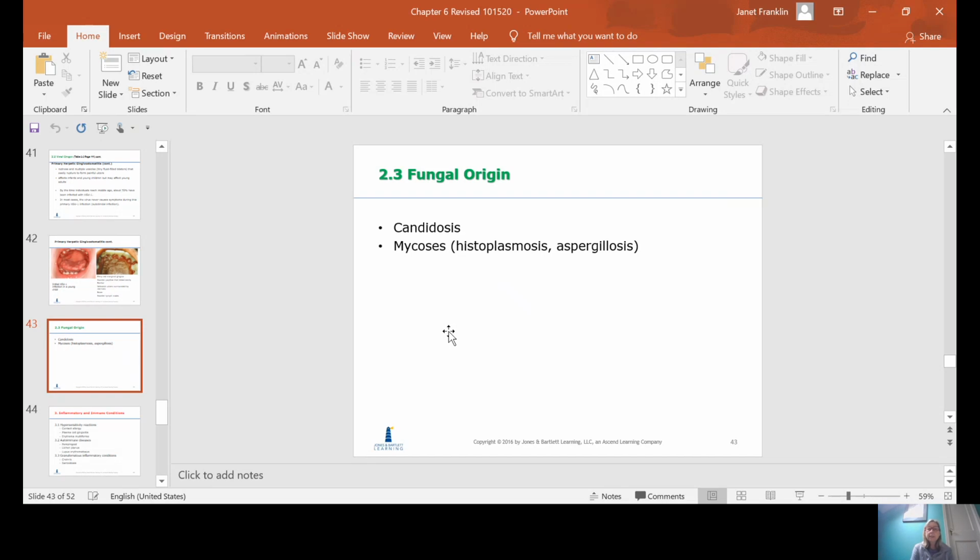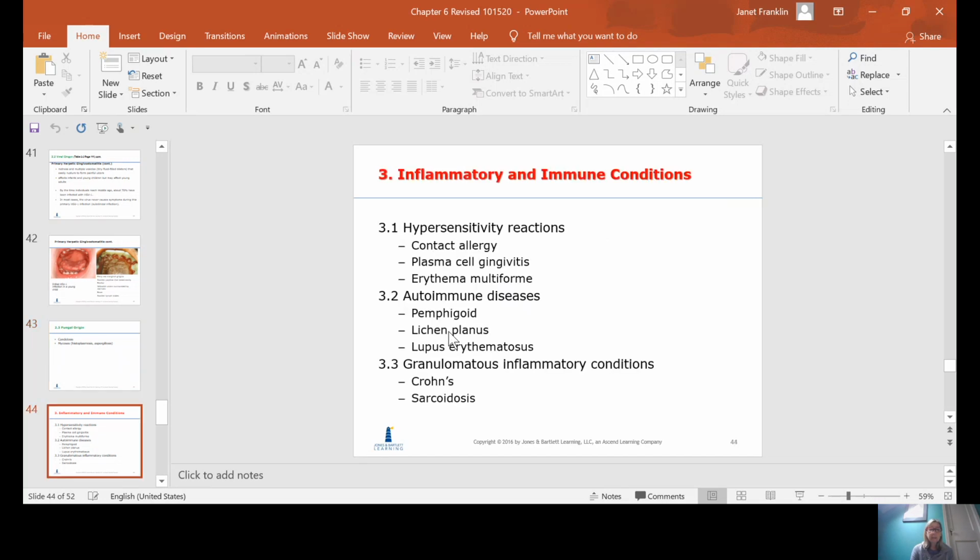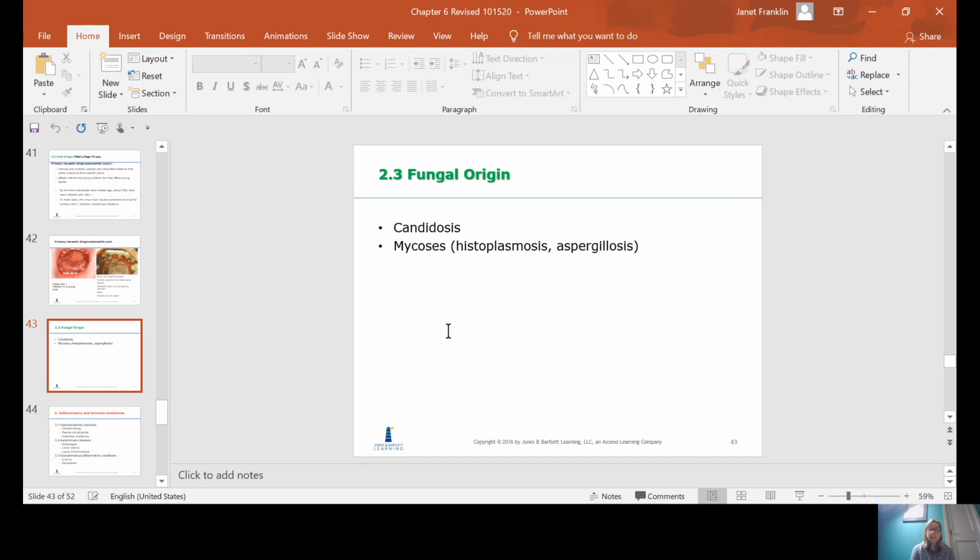Candidosis or mycosis are of fungal origin. Fungal infections are commonly seen in patients that wear dentures or removable partials. They get a fungal or a yeast infection. Mycosis is also common in HIV patients. These are not as common.